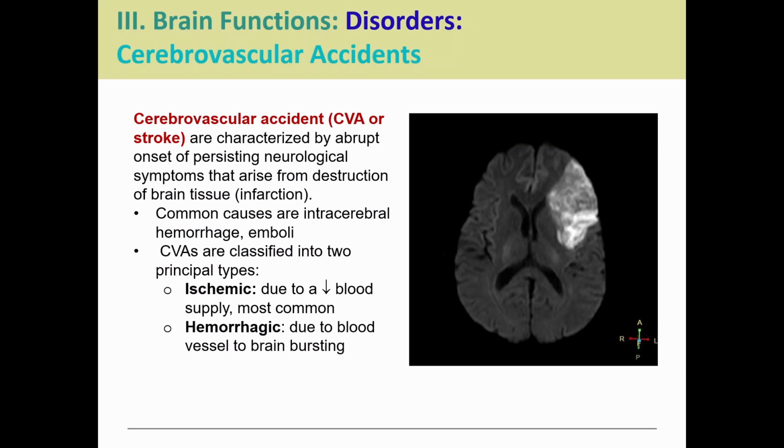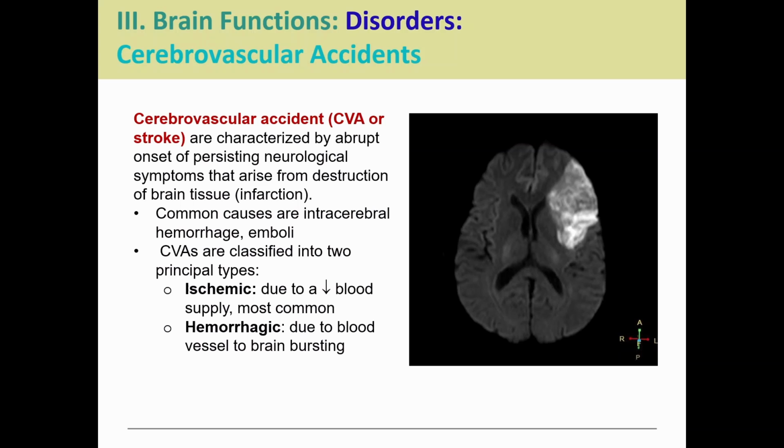So there's a couple things that can cause a stroke. It can be because there is some sort of blockage, so like an embolism, something blocking it. So something like an ischemic, we're seeing less blood supply because something has blocked it, something is not allowing blood to get through.